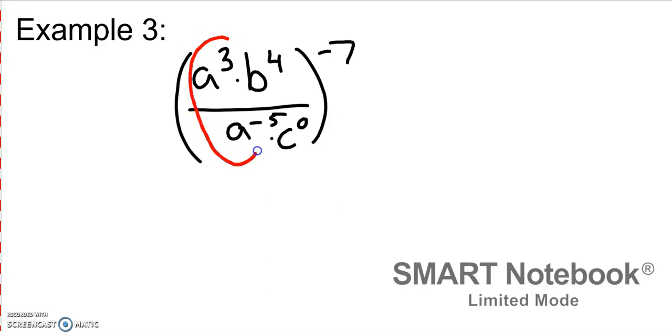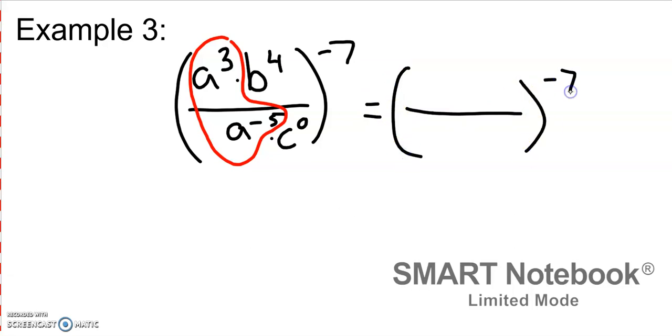Well, I have a to the third over a to the negative fifth, okay? I look at my exponents, I see 3 and I see negative 5. Which number is bigger? Yeah, 3. So I'm going to have a to the 3 minus negative 5 in the numerator.